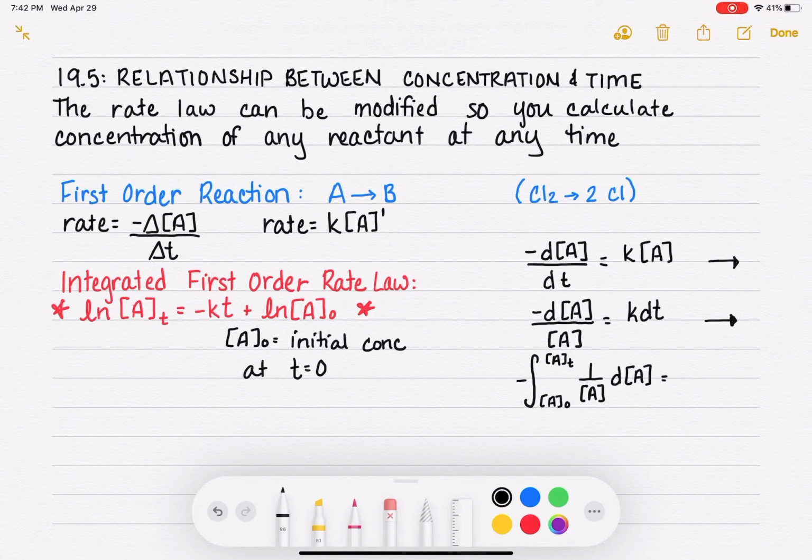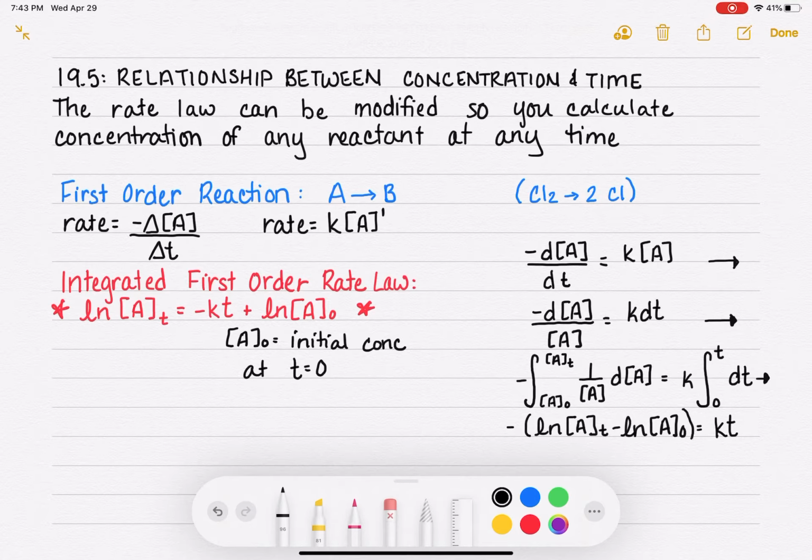And then the right-hand side, we are integrating from time equals 0 to time equals t, dt, and k, because it's a constant, it's going to end up out in the front as well. And oh, isn't this so exciting? So we get the negative natural log of A at time t minus the natural log of A at time 0, and that is equal to kt.